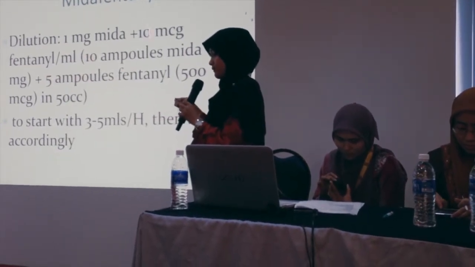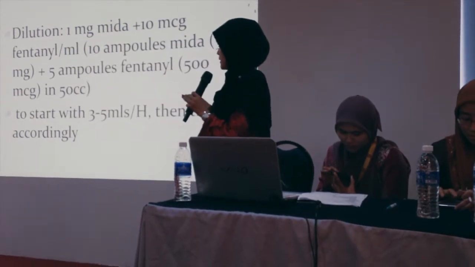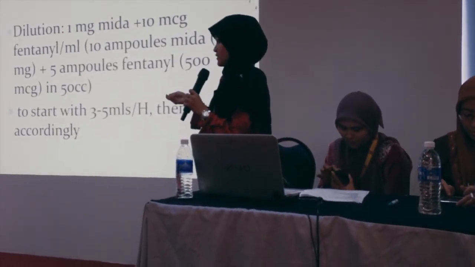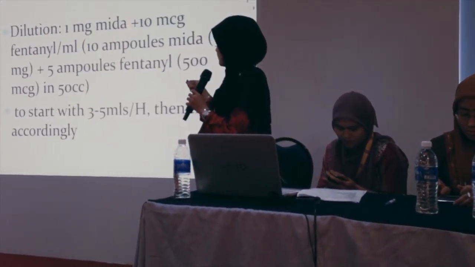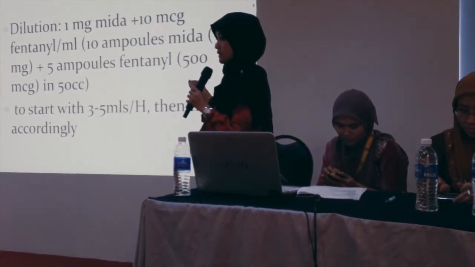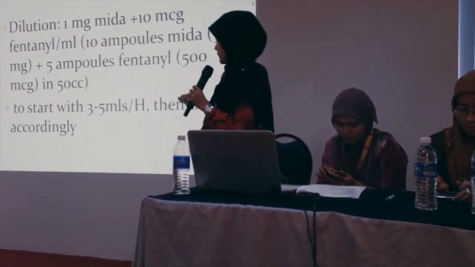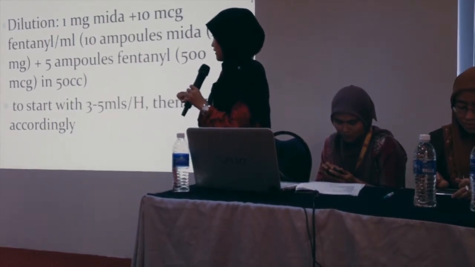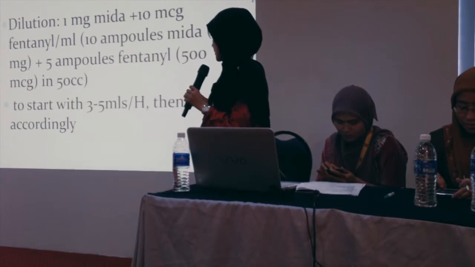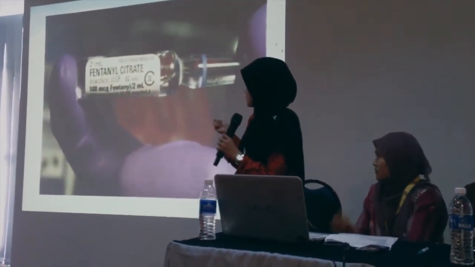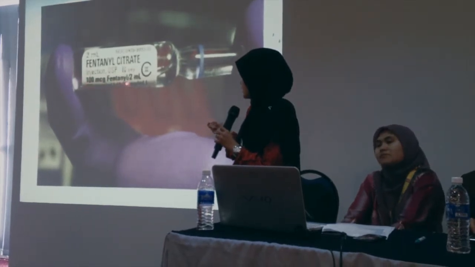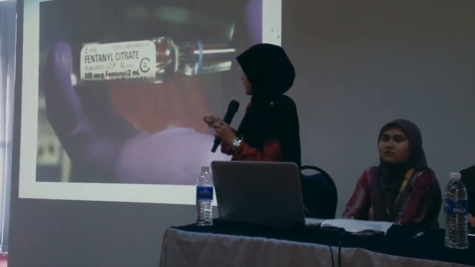So you add up, it becomes around 60 cc, but you can keep it in the 50 range. The dilution should be 1 milligram midazolam and 10 mic fentanyl per mil. This is also given at 3 to 5 mils per hour, then titrate accordingly. The last one is an example of fentanyl. This is not the ampule in our hospital, but the dilution is the same: 100 mic per 2 mil, so it's 50 mic per mil.